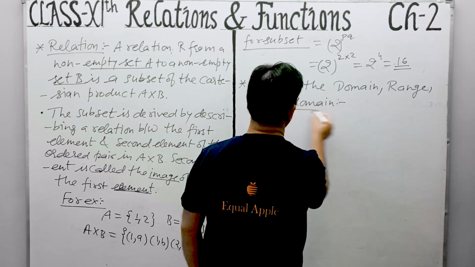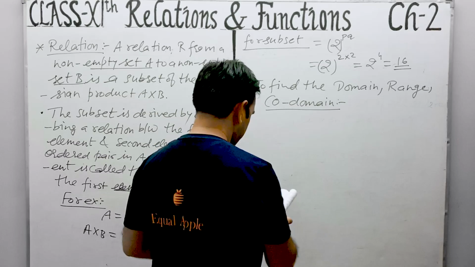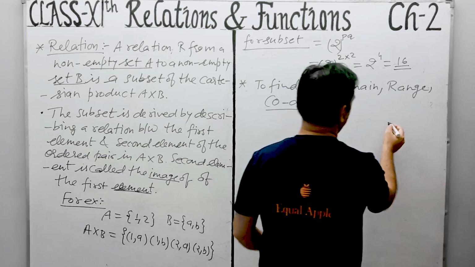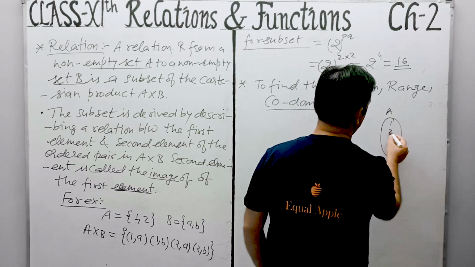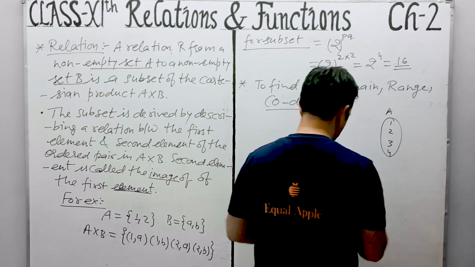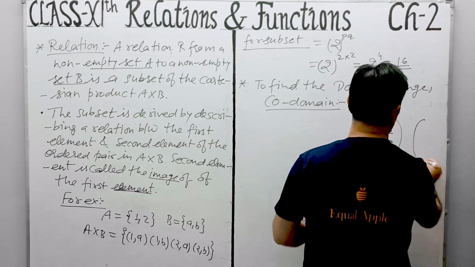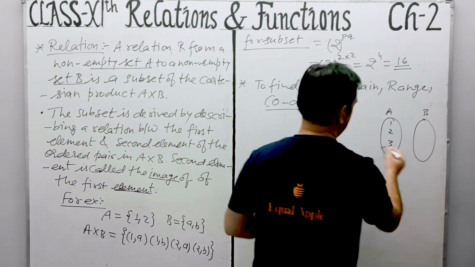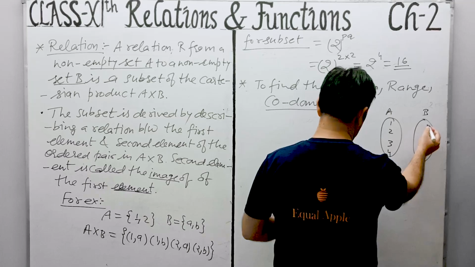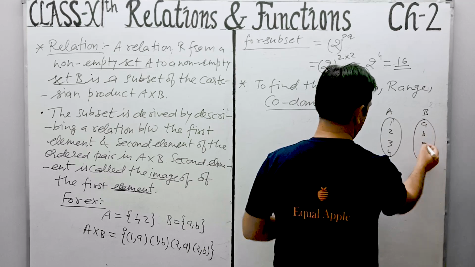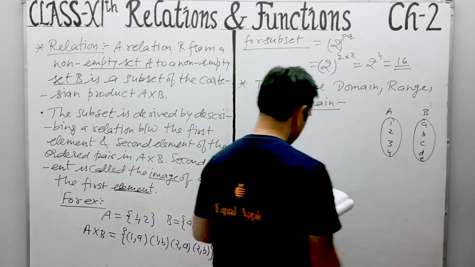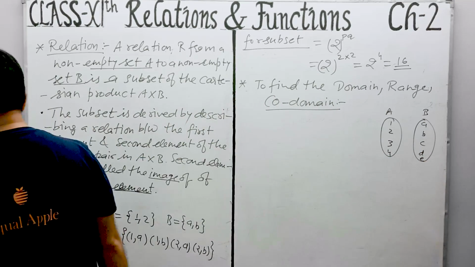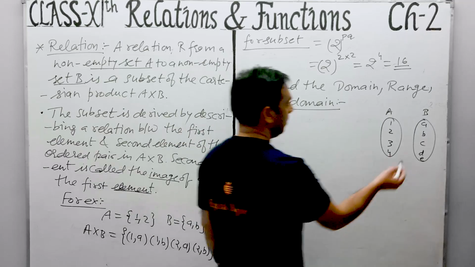So for that I am taking one relation in the form of an arrow diagram. If we have any set A having elements 1, 2, 3, 4 and another set B with elements A, B, C, D, E, we can see the relationship.